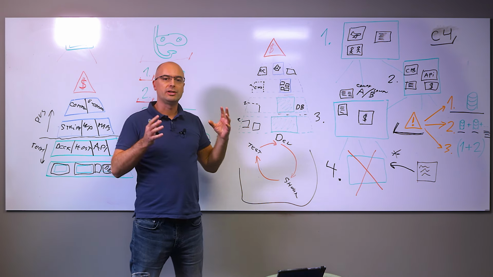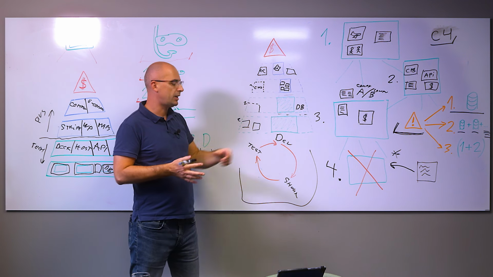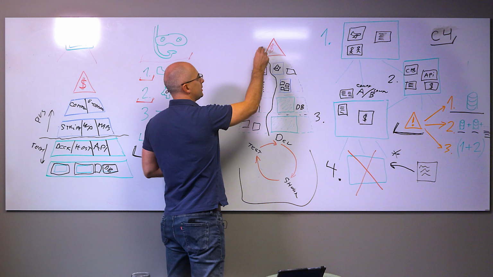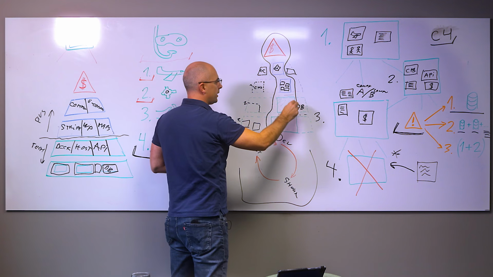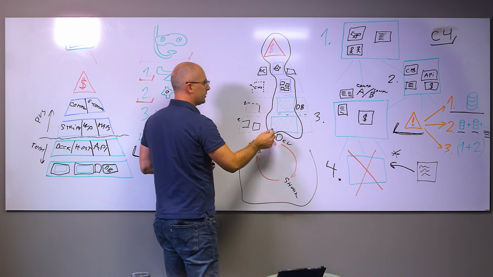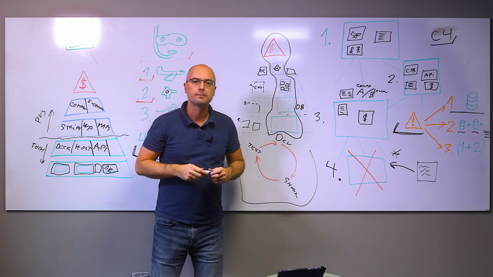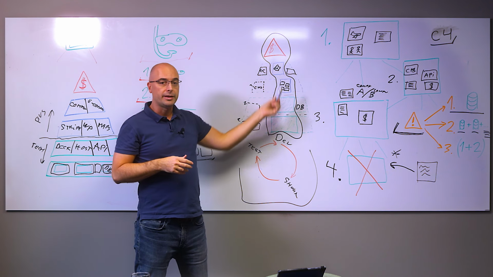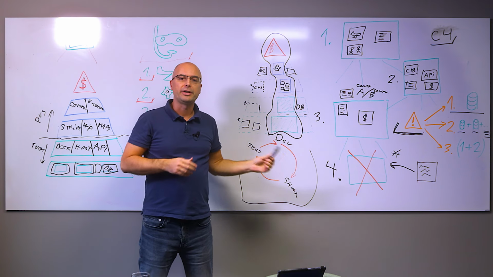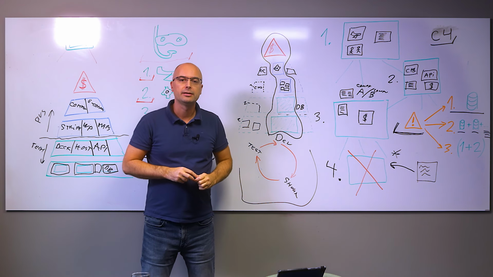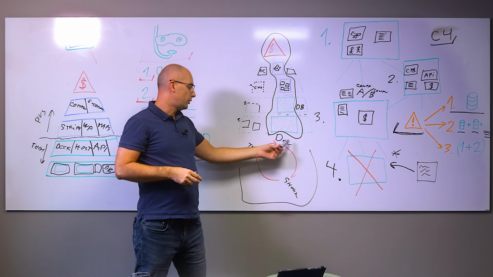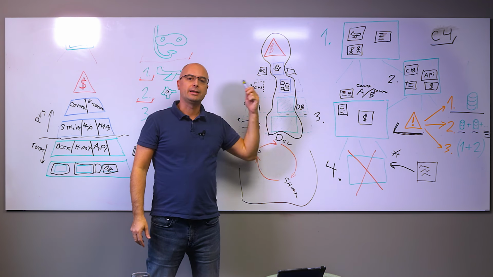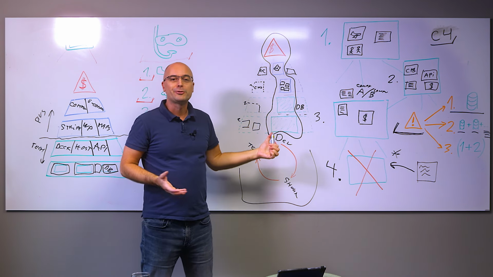So start with the smallest possible, but make sure you have at least one vertical that what you're building is generating value, and making sure that your technical decisions are value-driven. Again, coming back to the top of the pyramid and then build gradually from there, and then you would expand it while validating all the time what you're actually building. And when you do it like this, you always know where to start.